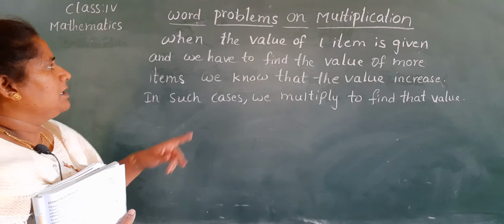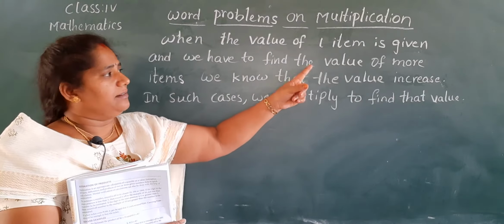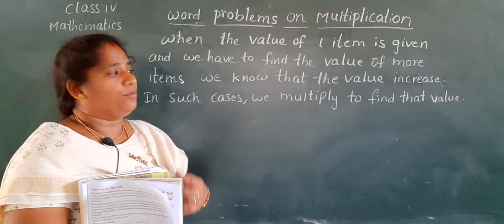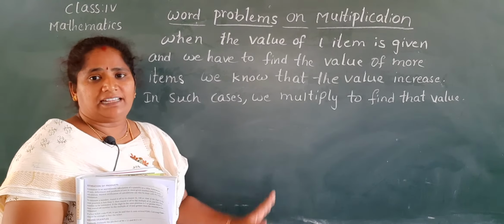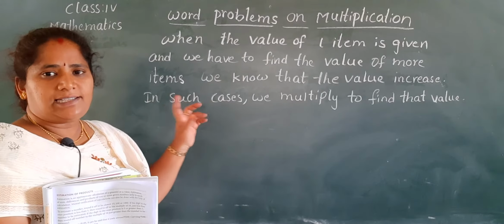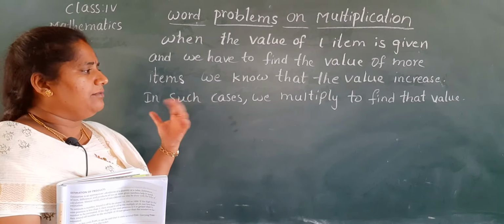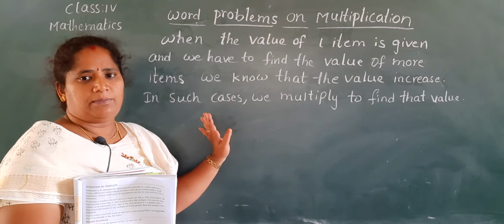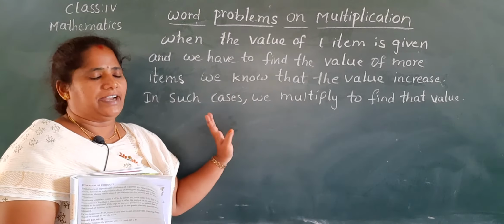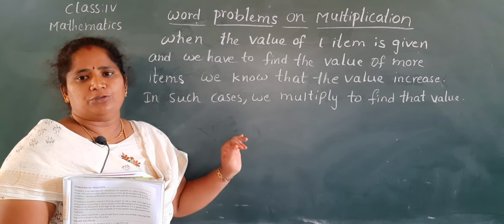Okay? So when the value of one item is given and we have to find the value of more items, in such cases the answer increases. That means we know that we should do the multiplication. So when one item is given and we have to find more items, we can do the multiplication.